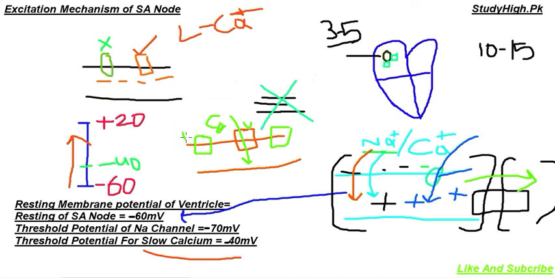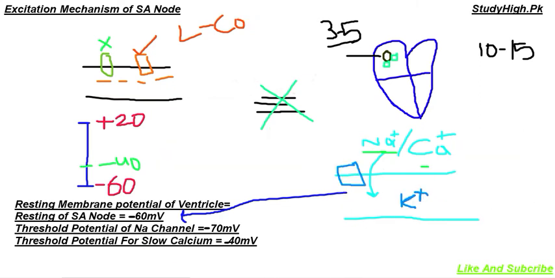So when the action potential has been generated, the inside becomes more positive as compared to the outside, the L-type calcium channels close, and as a result, potassium channels open and potassium starts moving to the outside of the cell.